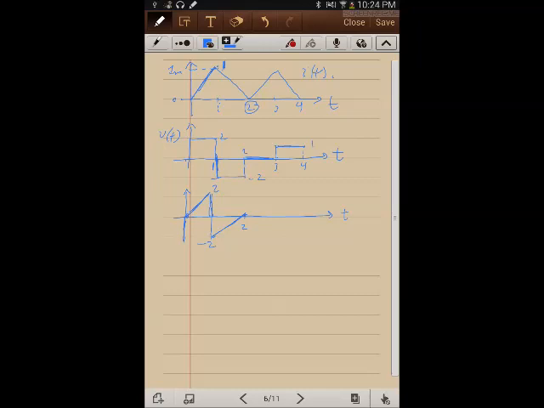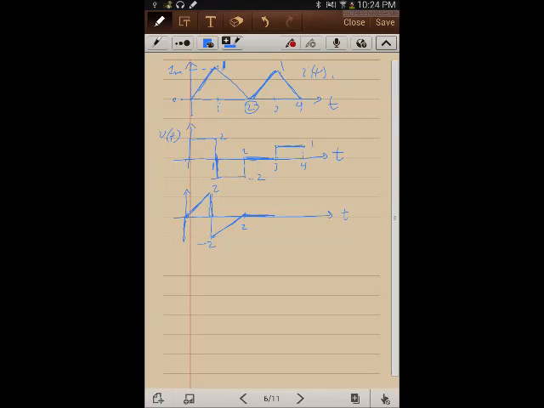Then at 3, it will be the current multiplied by the voltage. So wherever the amount of current here is multiplied by 0, it's 0. Then 1 multiplied by the decreasing amount of current from 1 up to 0.